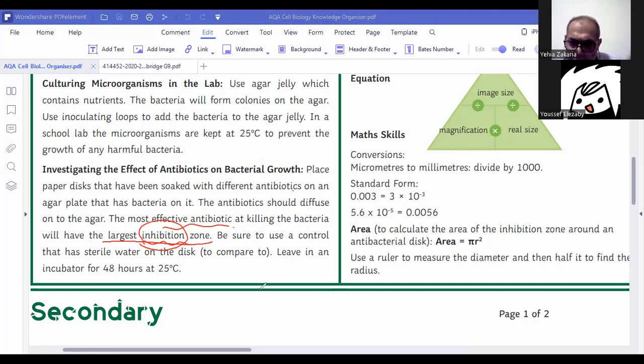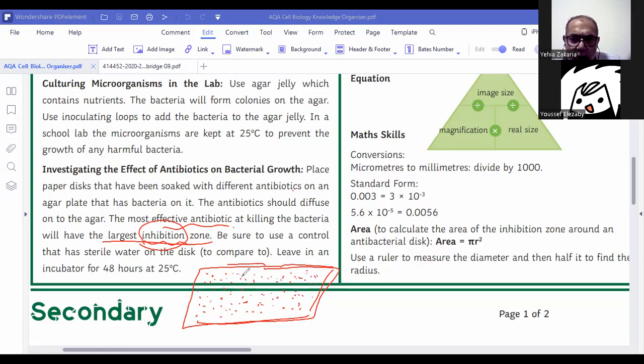I will draw it for you. This is the test plate and the growing bacteria on it, like that. You see my drawing? Yeah, I could see it. We put different antibiotics here, here, here, here.